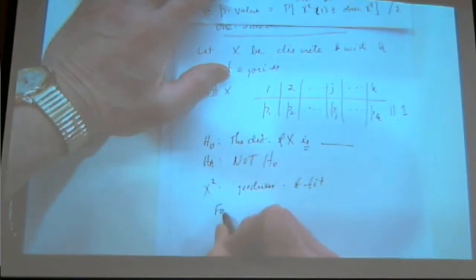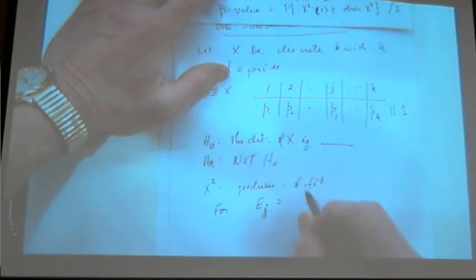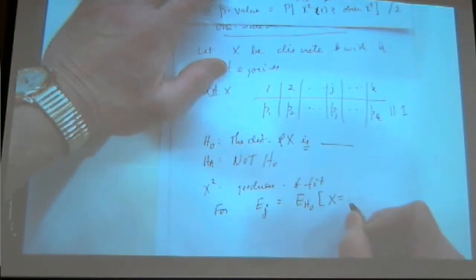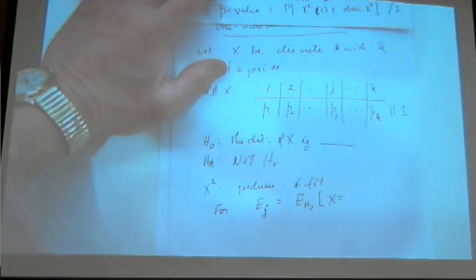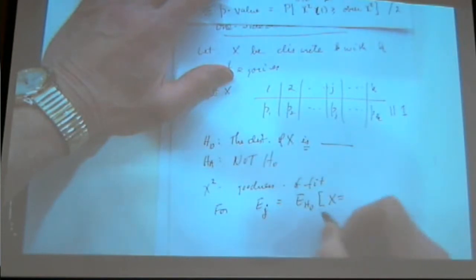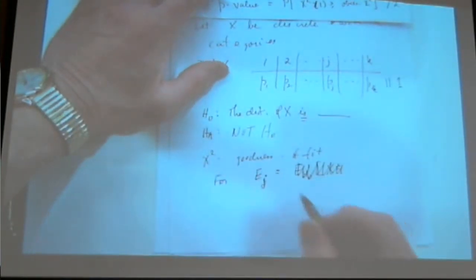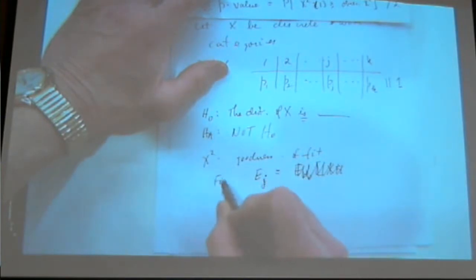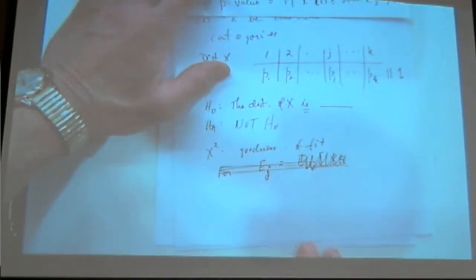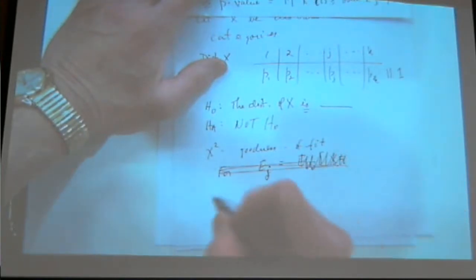We just form the E's. E of J will be the expected value under H naught that X is equal to J. Back up anyway, so the chi-squared goodness of fit test.